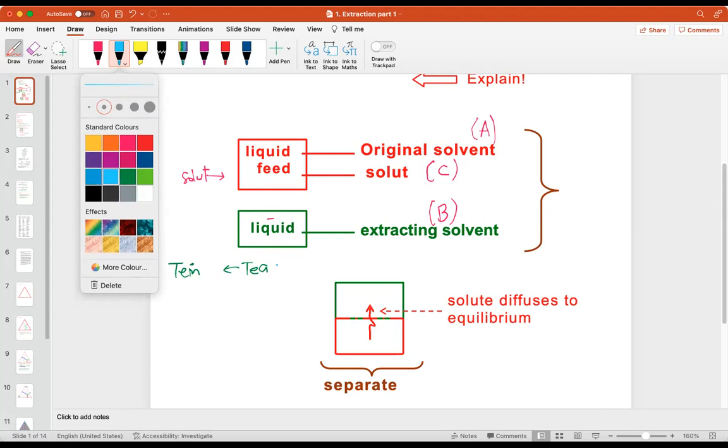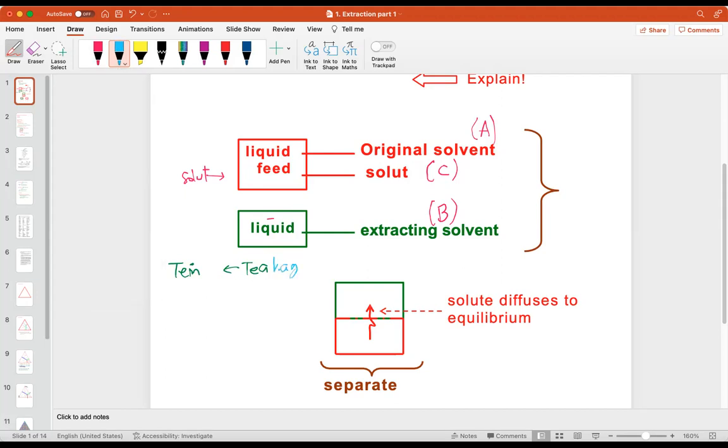For the tea bag, at that time, we first dissolved it in hot water, and after that we had the tea in the hot water, and then it was extracted by a solvent, such as hexane. That is the liquid extraction.